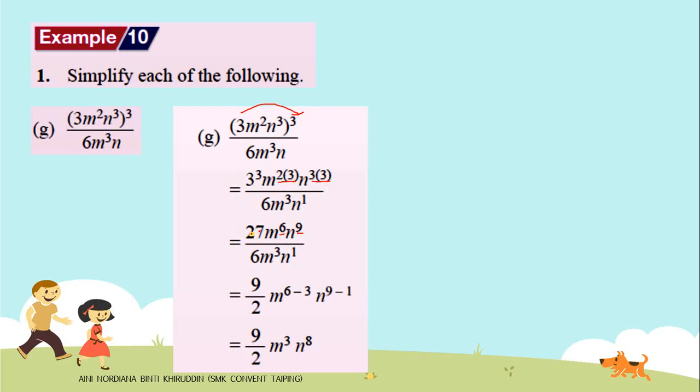Then 27 divided by 6, you'll get 9 over 2. You simplify this, you divide by 3. So 27 divided by 3 is 9. 6 divided by 3 is 2. That's why here 9 over 2. And since this is division, so 6 minus 3, 9 minus 1. So this is the final answer.